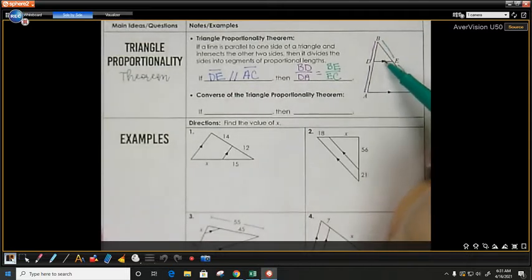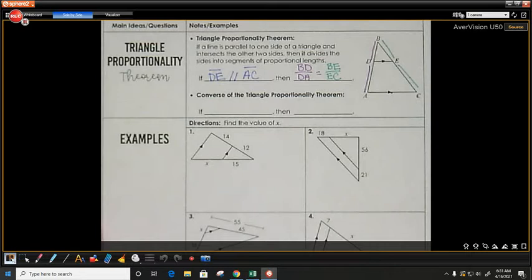Okay, so again, the segments that the parallel line breaks it into, BD and DA, are proportional to BE and EC.